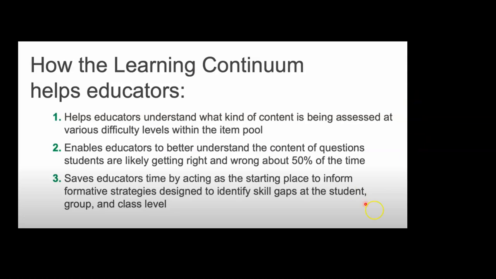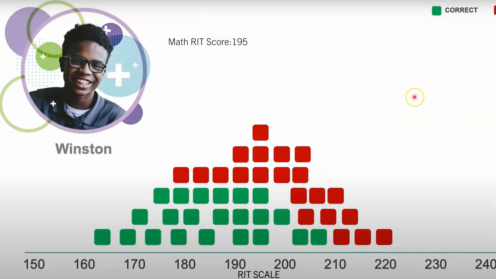So you may be wondering, how does a student get their overall RIT score? We have a fictitious student named Winston here, and on his math test, he got an overall RIT score of 195. Again, this means that was the area he was getting items correct and incorrect about 50% of the time. So if we go down here to our RIT scale, the green boxes indicate a correct answer on a test item.